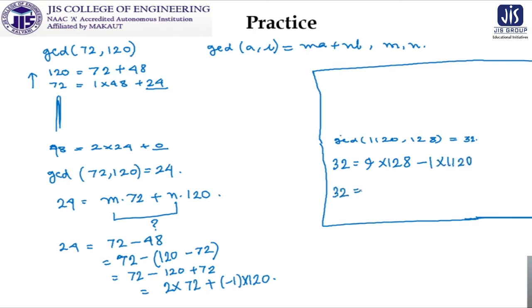Similarly, 32 can be written as 1129 into 128 minus 129 into 1120.